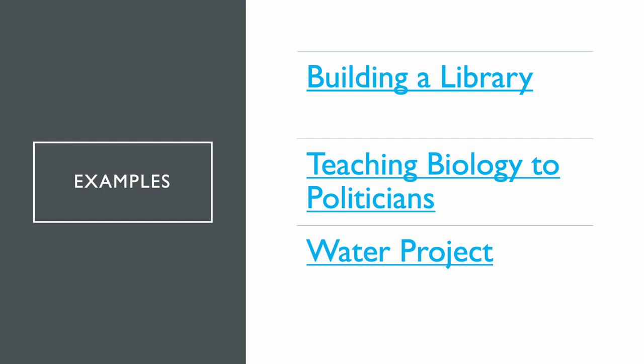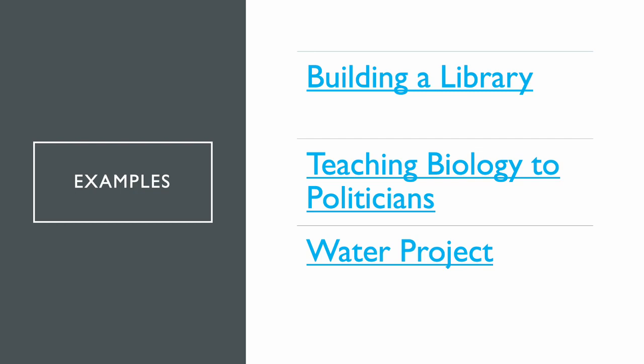The next example, teaching biology to politicians. This is a really interesting one where a class learned different biological elements and taught them to politicians as a way to show that their policies impact biology.